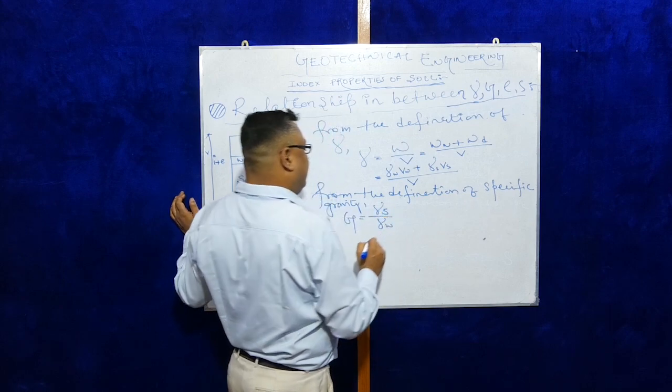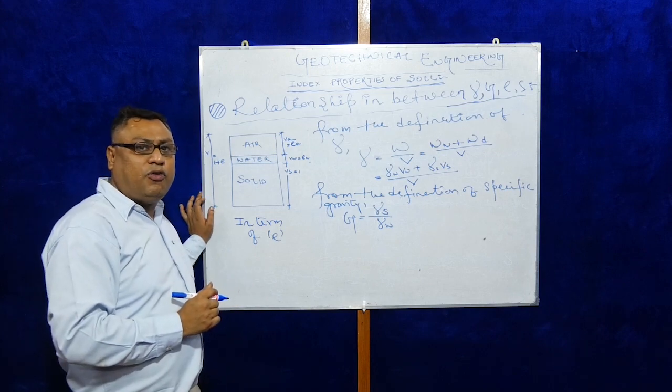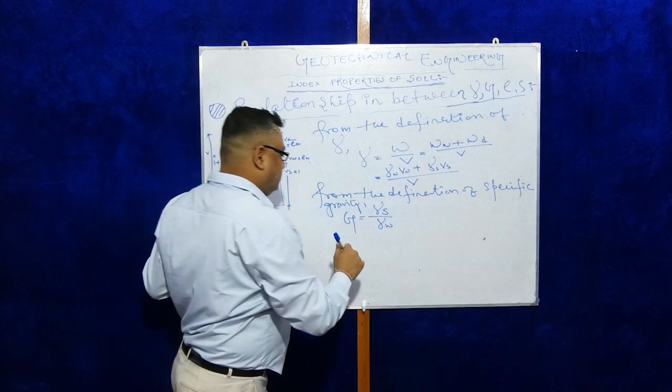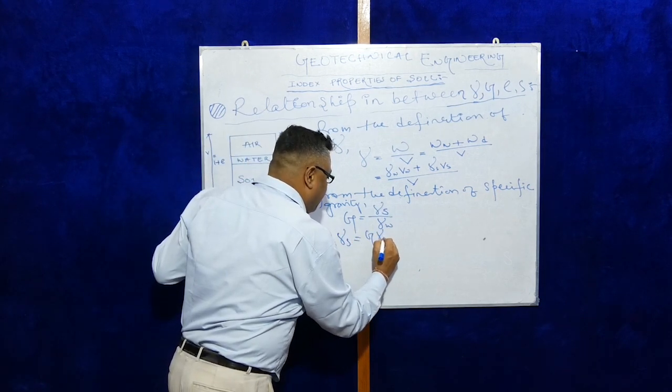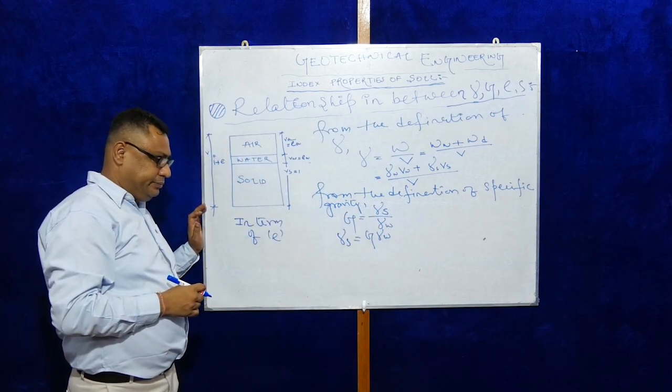Specific gravity of soil is the ratio of unit weight of soil solid to the unit weight of water of the same volume. Therefore, unit weight of soil solid is equal to specific gravity into unit weight of water.